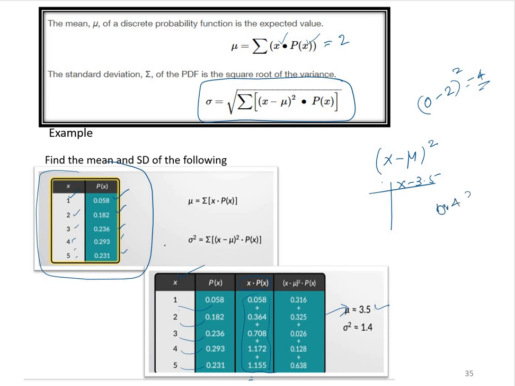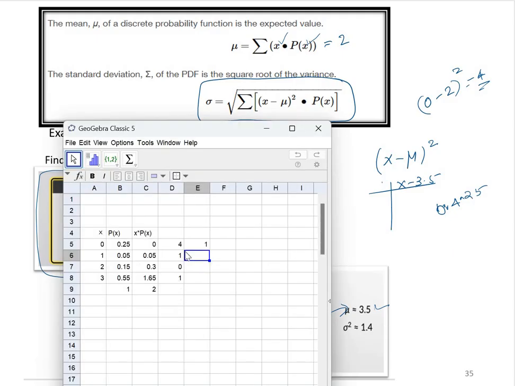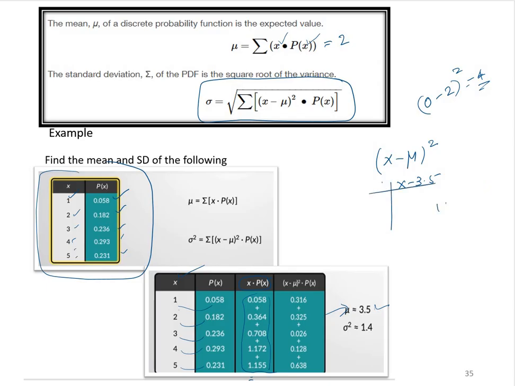So I will go back to the table again. It is 4 times 0.25. Okay, 4 times 0.25 is 1. That is why the answer is 4 times 0.25, it's nothing but 1.